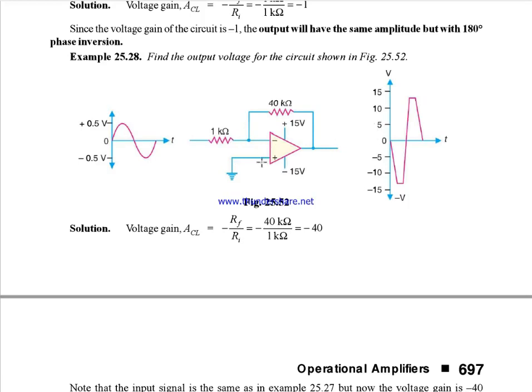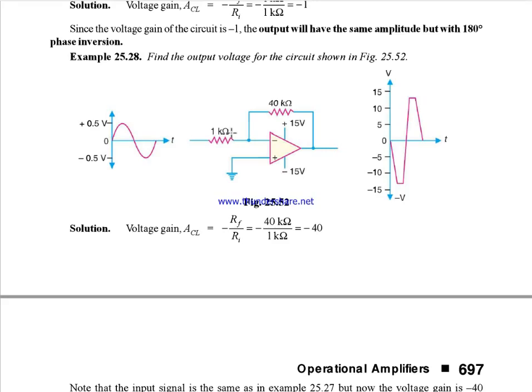Then what will be the output? So from this picture it is understood that minus Rf by Ri is 40. Therefore the gain is 40. Then what will be the output? The output will be actually input into gain. So input is 1 into 40, the output voltage is 40.